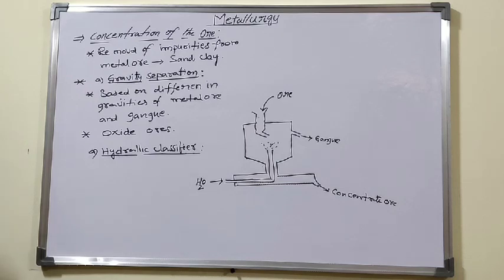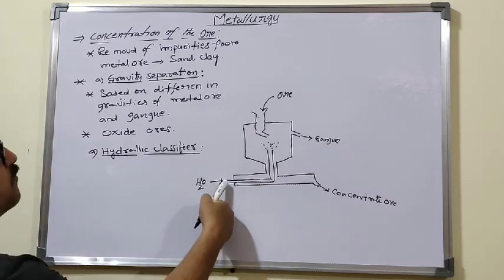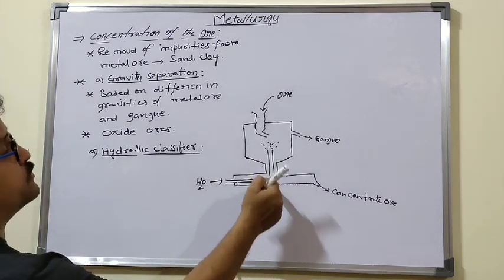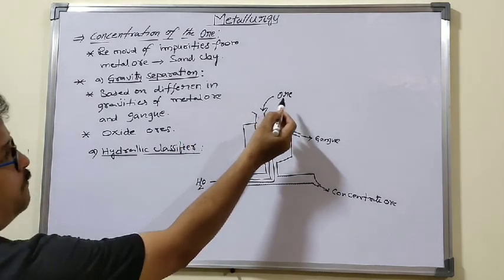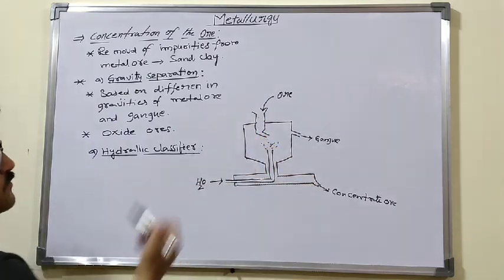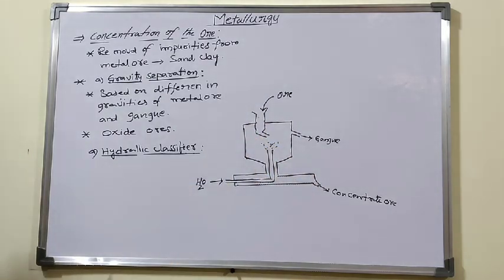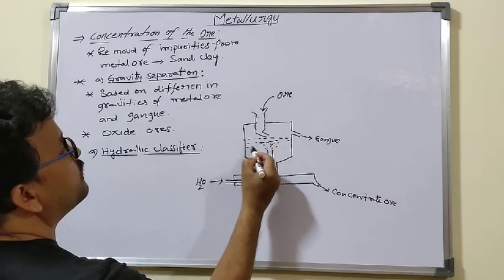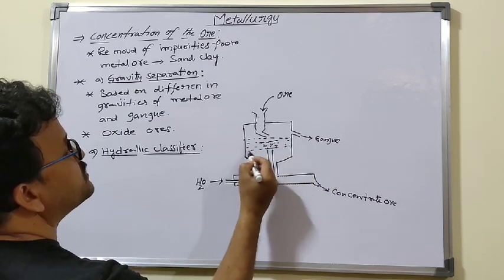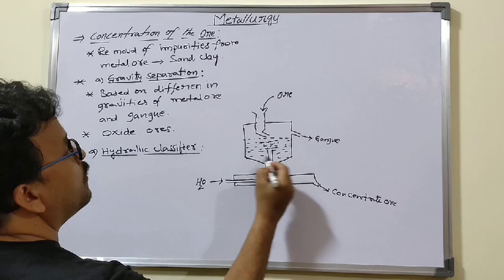Then a powerful stream of water is introduced into the reservoir, and at the same time powdered ore is introduced from the hopper. Then we get a suspension of ore.